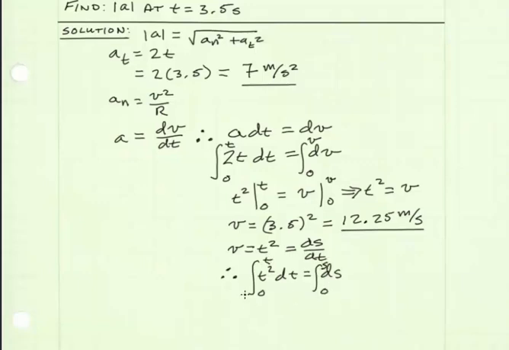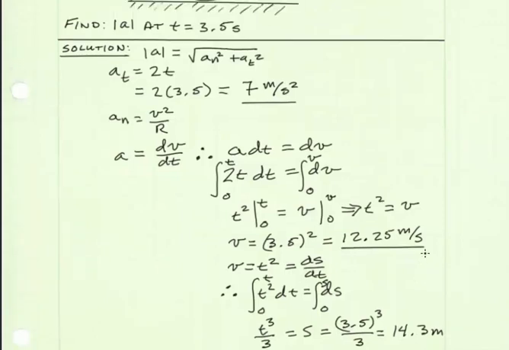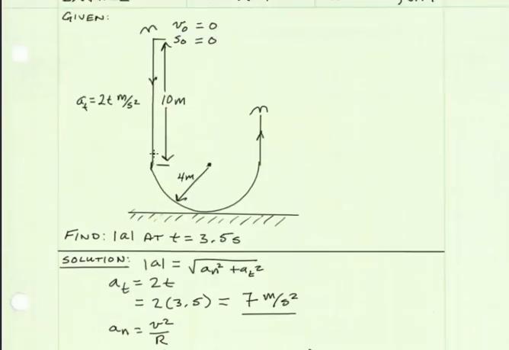Integrating both sides we end up with t cubed over 3 is equal to s. And if we put in our time, which is 3.5 seconds, 3.5 cubed over 3 is equal to 14.3 meters. So we know from 14.3 that we have gone beyond the 10 meters that the bird initially dropped.